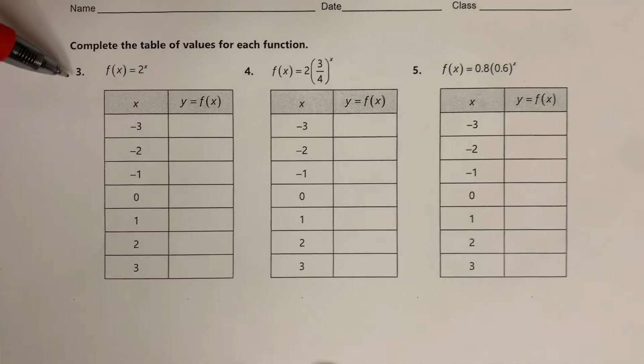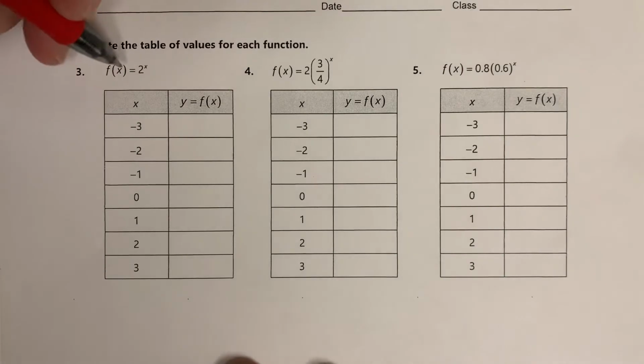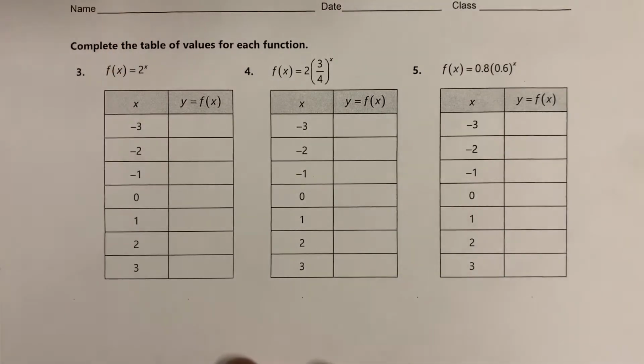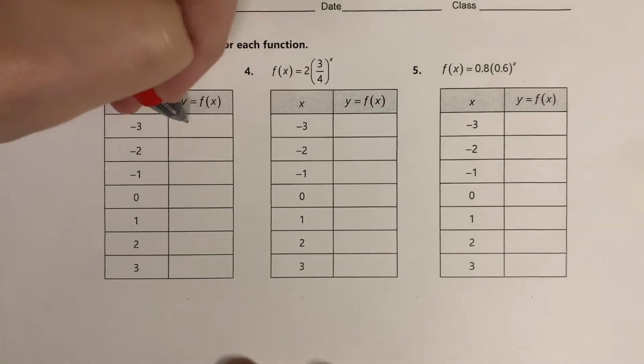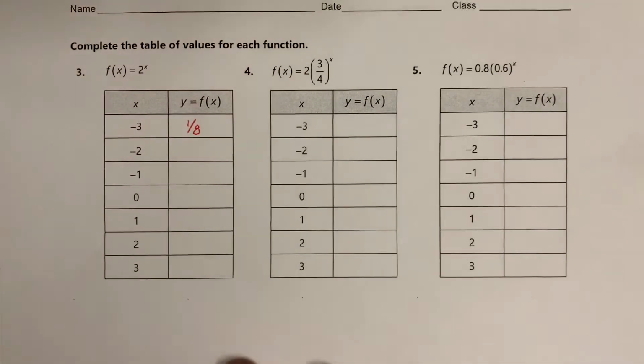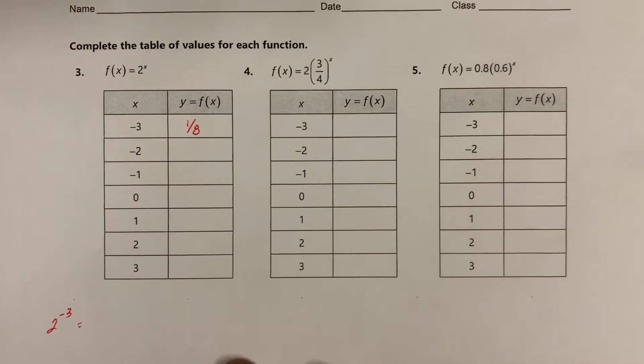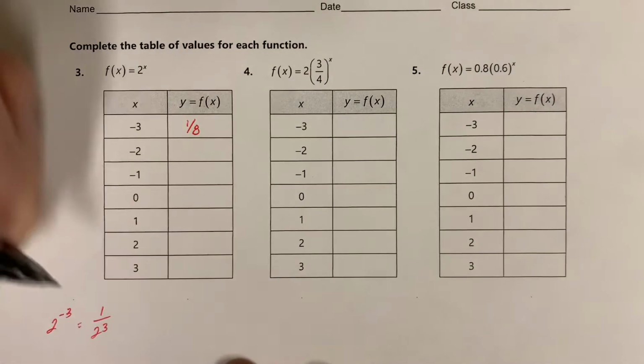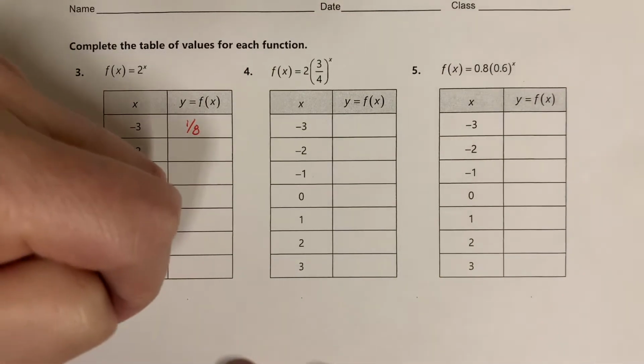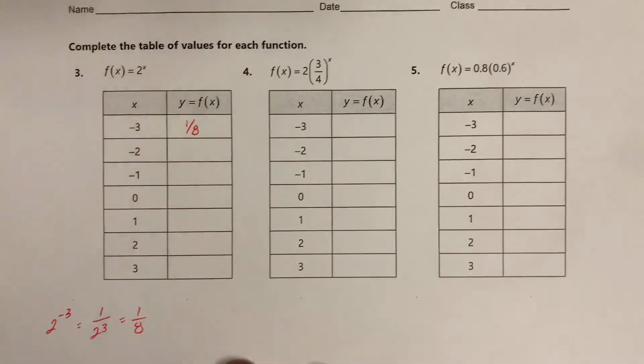Okay, so for this one, 2 to the negative 3. 2 to the negative 3 power is going to be 1 over 8. The reason why is because 2 to the negative 3 is actually equal to 1 over 2 cubed by the rules of exponents, and then that's going to be 1 over 8.